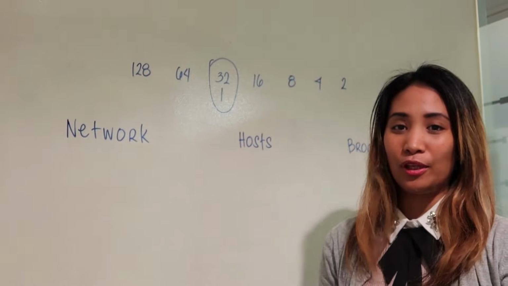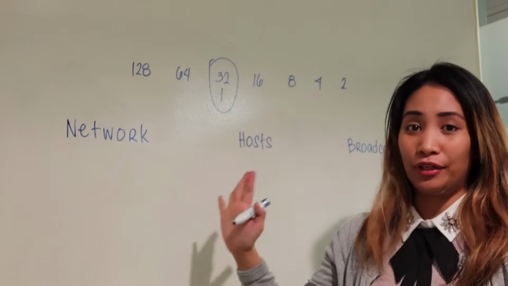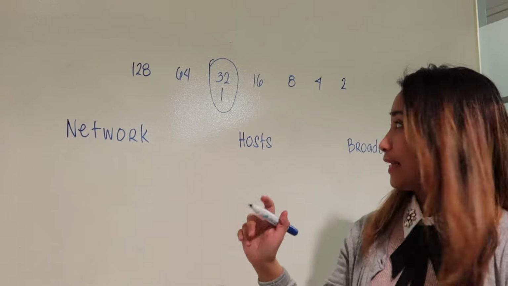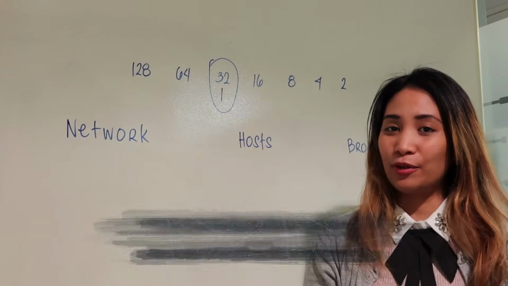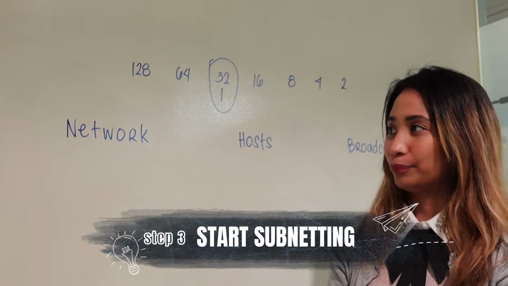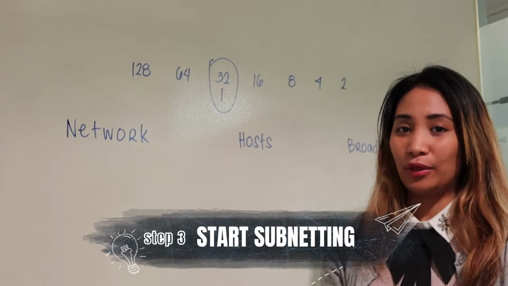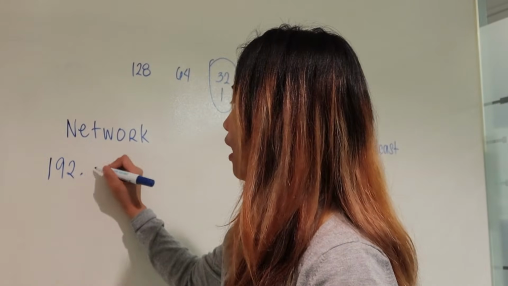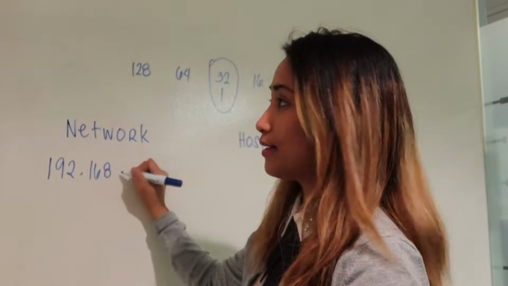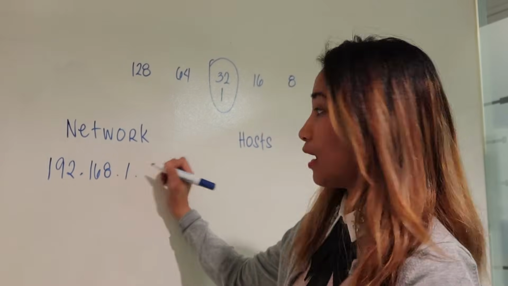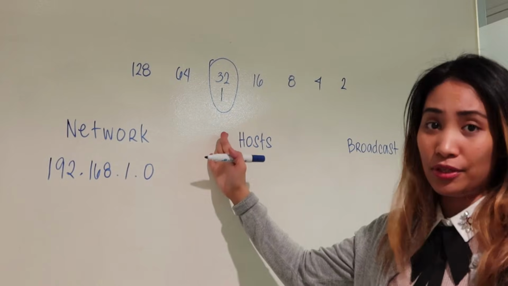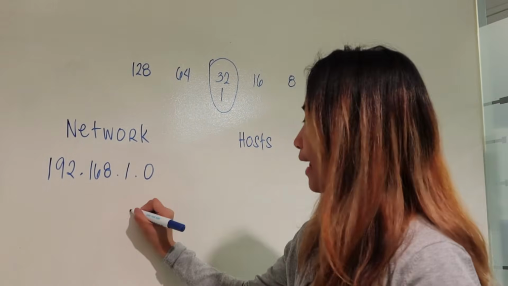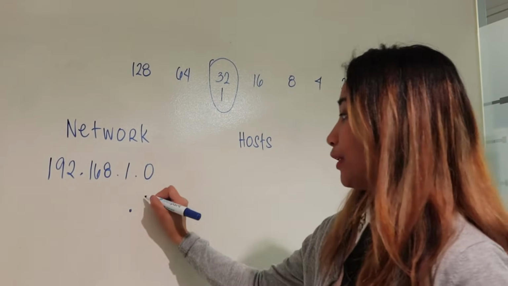Now that we know the increment for the first network with 29 hosts is the 32 block size, let's get started with subnetting. We are going to start with the given network address, 192.168.1.0. Since we know that the increment is 32, we are just going to put that as our next network address.